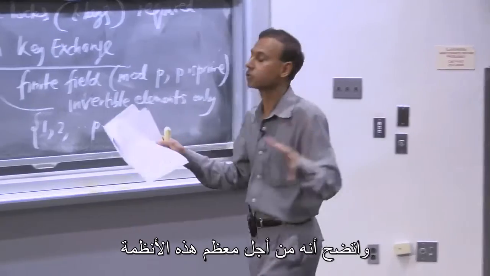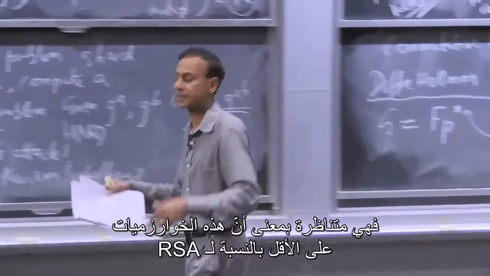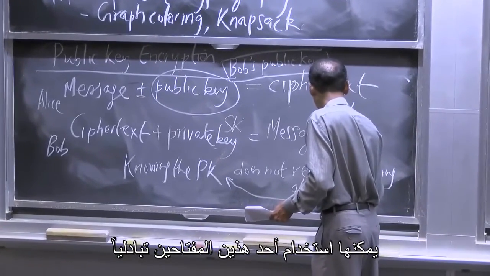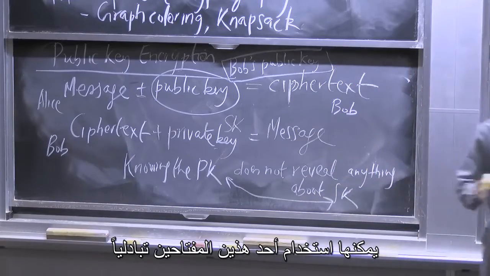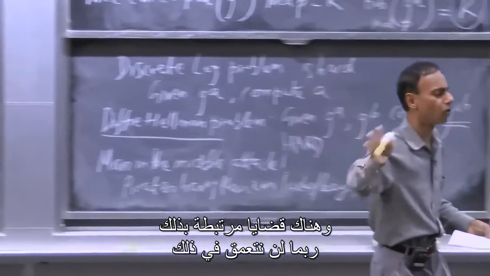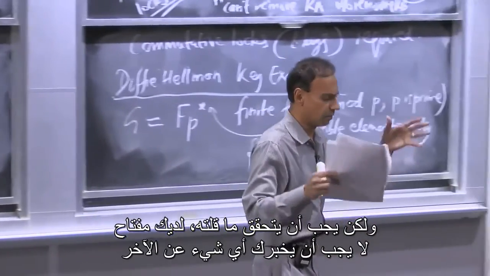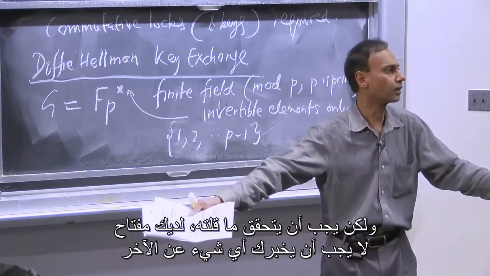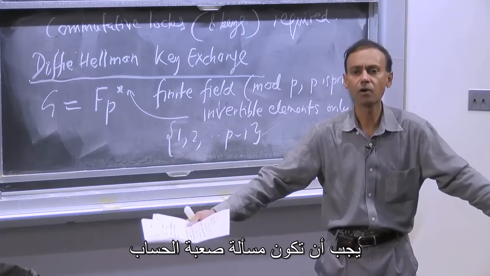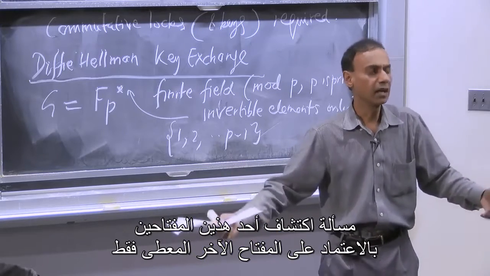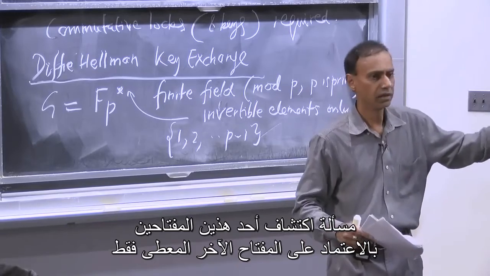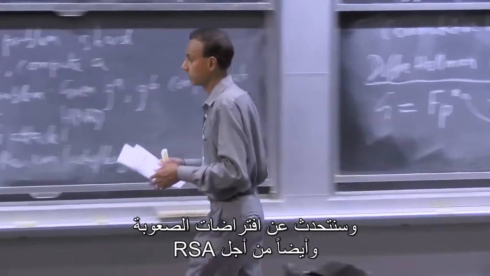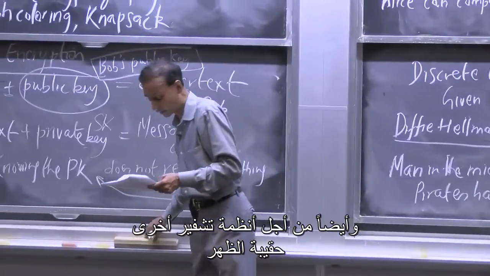For most of these systems, it's symmetric in the sense that, at least for RSA, you could use either one of these interchangeably, and there are issues associated with that, so we won't go too deep into that. But what I said should hold: having one shouldn't tell you anything about the other. There has to be a computationally hard problem associated with discovering one given only the other. And we'll talk about what those hardness assumptions are.